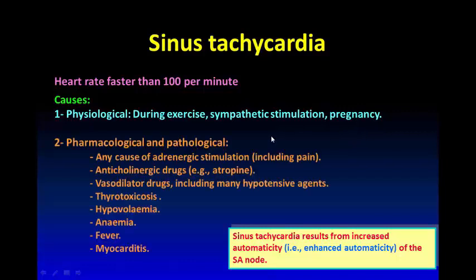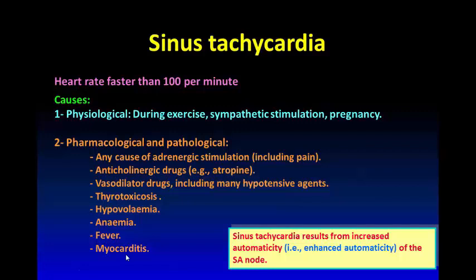The pharmacological and the pathological causes of sinus tachycardia include any cause of adrenergic stimulation, including pain, anticholinergic drugs like atropine, which block the muscarinic M2 receptors in the sinoatrial nodal cells, vasodilator drugs, including many hypotensive agents, many antihypertensive agents which lower the arterial blood pressure, thyrotoxicosis, hypovolemia, anemia, fever, and myocarditis, which is inflammation of the myocardial tissue.